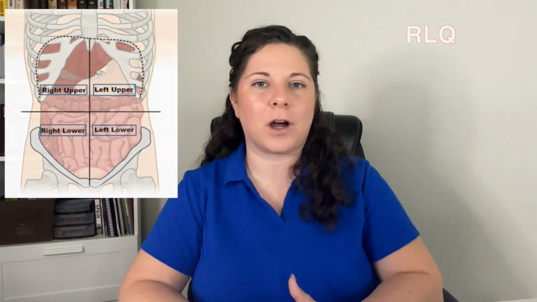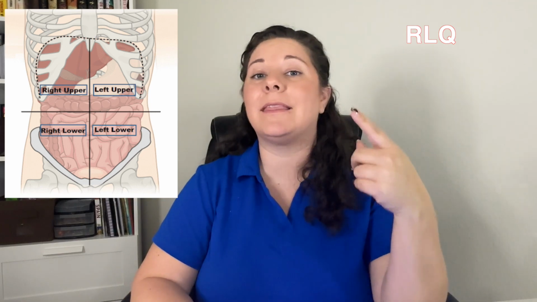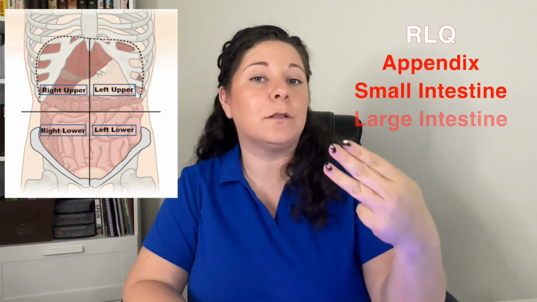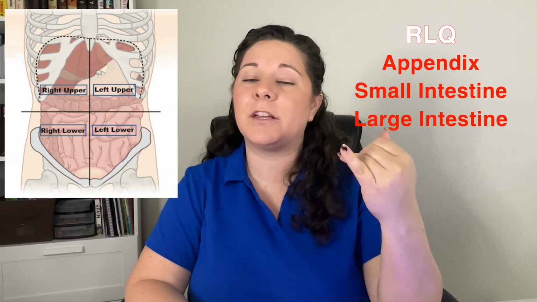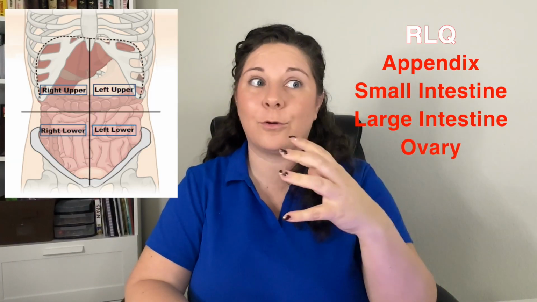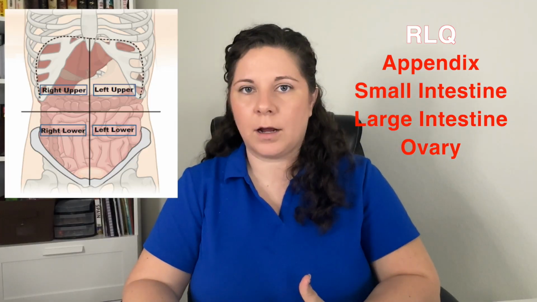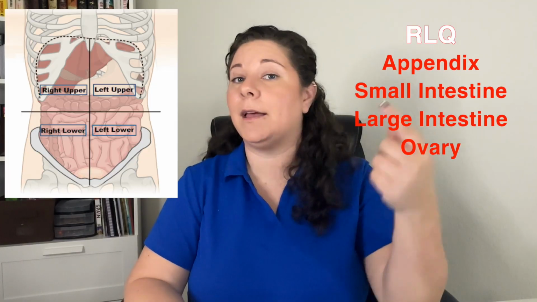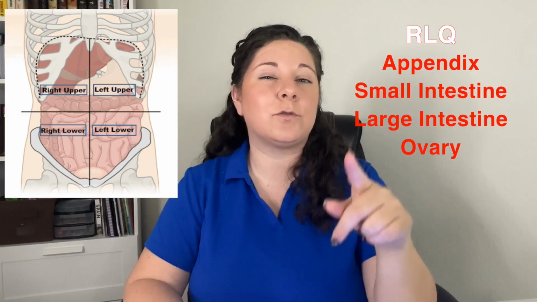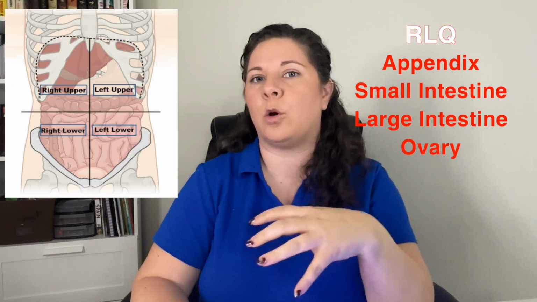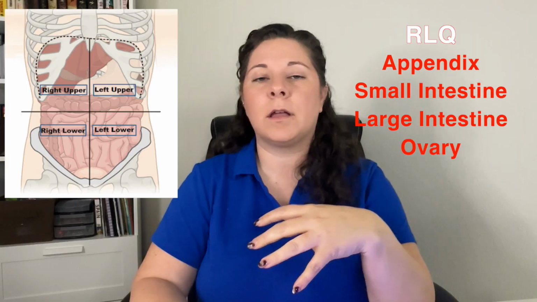Let's look at the right lower quadrant. Here we're going to see the appendix, the small intestine, part of the large intestine, and in our female patients, the ovaries, the right ovary specifically. So whenever we see pain here, it's very common for it to be appendicitis, especially if there's rebound tenderness or it started in the belly button and then moved to the lower right quadrant.